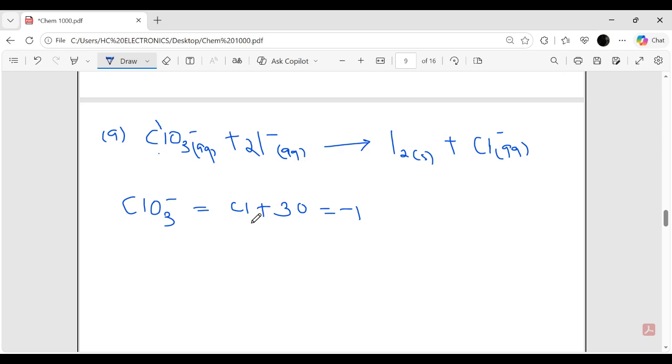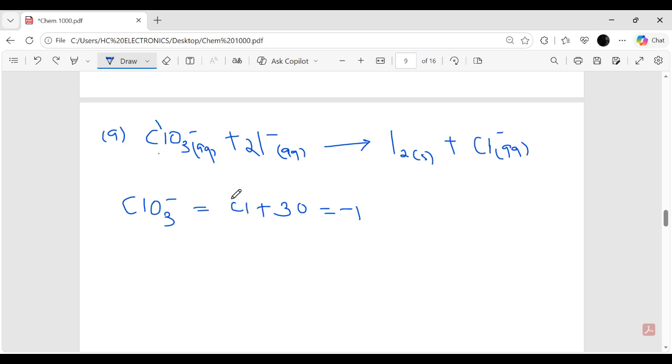Here you know that chlorine is a group 7 element, so you already know its oxidation state, it's negative. Oh, sorry, not for this case.